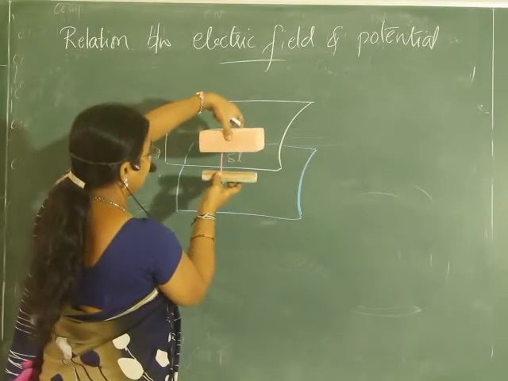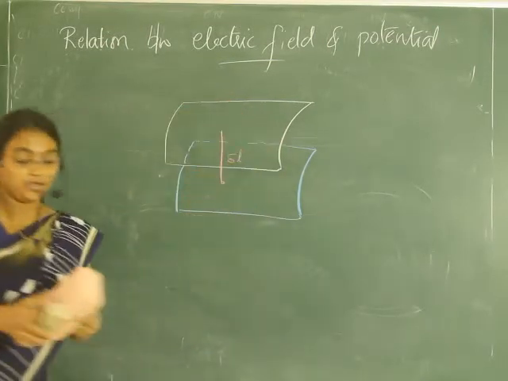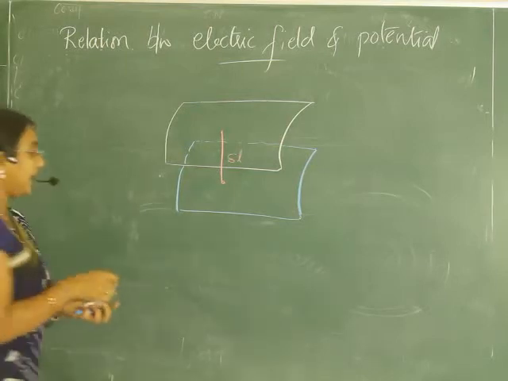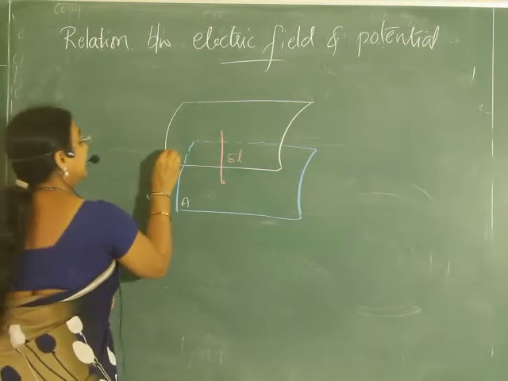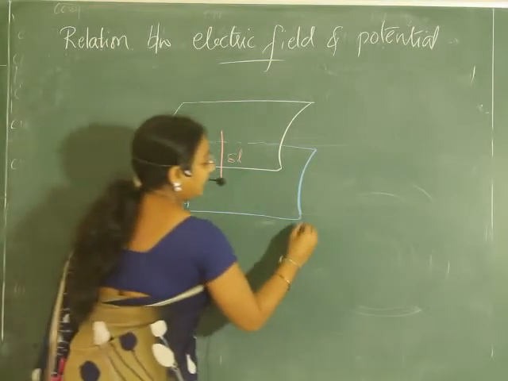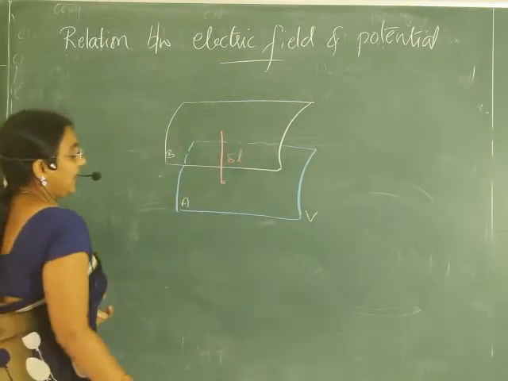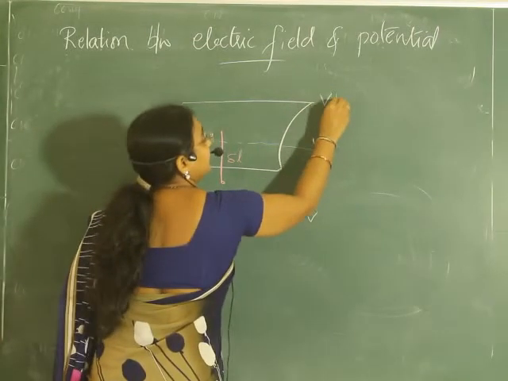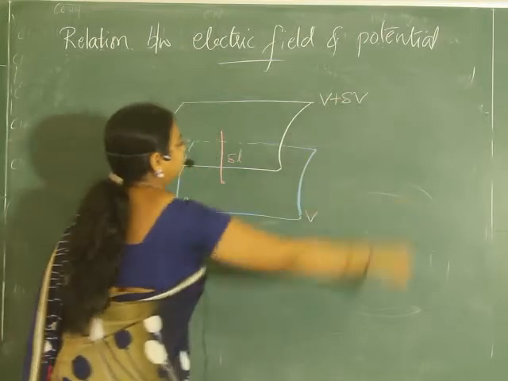They are separated by the distance delta L. Let the first one be A and this be B. Let A have the potential V and B have the potential V plus delta V.